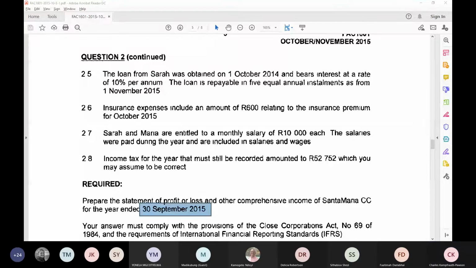Hi, Charles. Yes. Last for me, I just want to find out what's the difference between the interest on loan from member of 4,000 rand and the one on the 10,000 rand. No difference. It's the same interest, but they didn't calculate it correctly. They gave you an amount and they gave you a way to calculate it under 2.5.